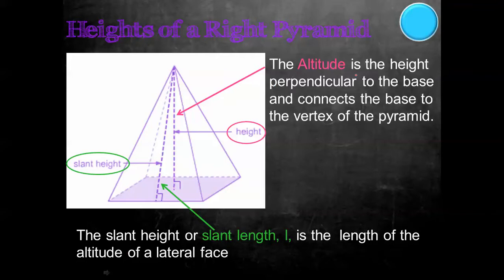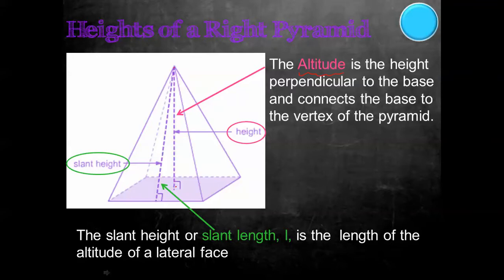Some other parts as well are the altitude. The altitude is the height perpendicular to the base, and it connects the base and the vertex of the pyramid. So it goes from the top of the vertex straight down.